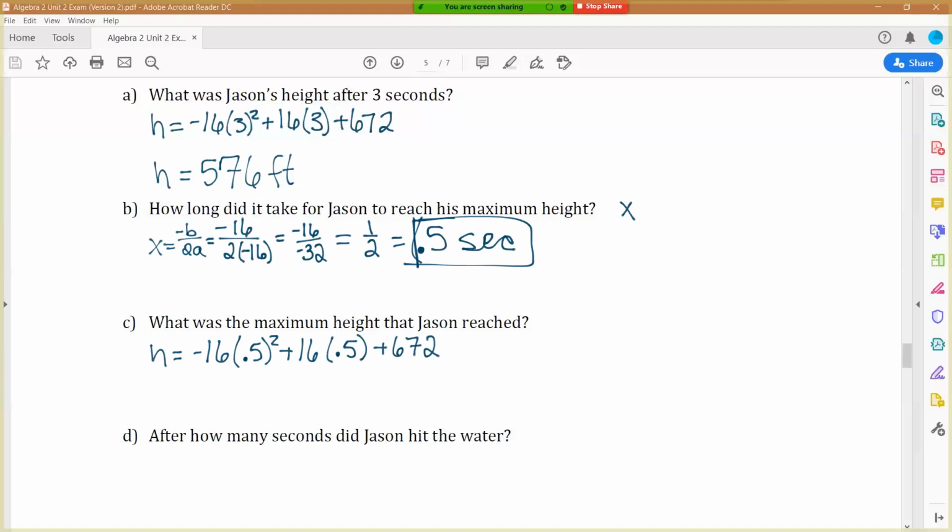Again, my preference is that you show me what you're typing in your calculator. In the event that you would type it in incorrectly, I can still give you partial credit. So when I type all this in my calculator, I end up with a height of 676 feet. So Jason's maximum height is 676 feet.